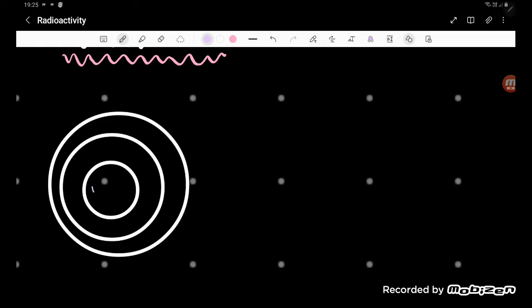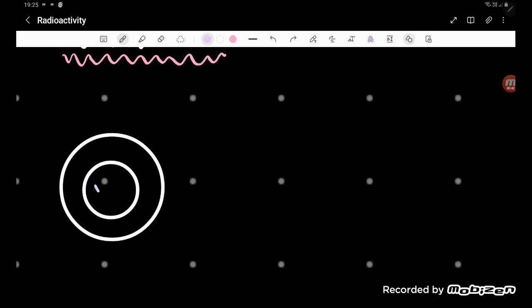So this is the nucleus, and the nucleus will contain N for neutrons and P for protons, and also the outer layers will contain electrons.